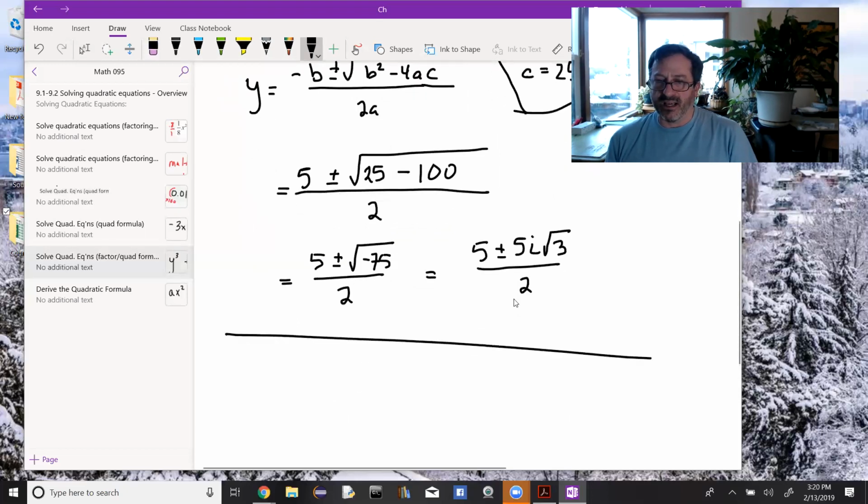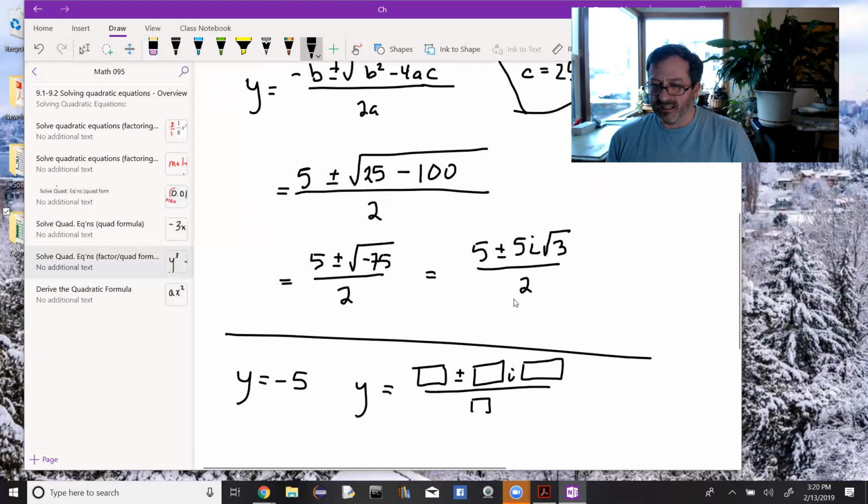We don't want to forget we had a real answer, y equals -5. And then we'll have y equals a box, plus or minus a box, times an i, times a box, all over another box. And I can let you fill those in, or I can just fill them in. That's 5, a 5, square root of 3, and a 2. And these are the imaginary solutions.